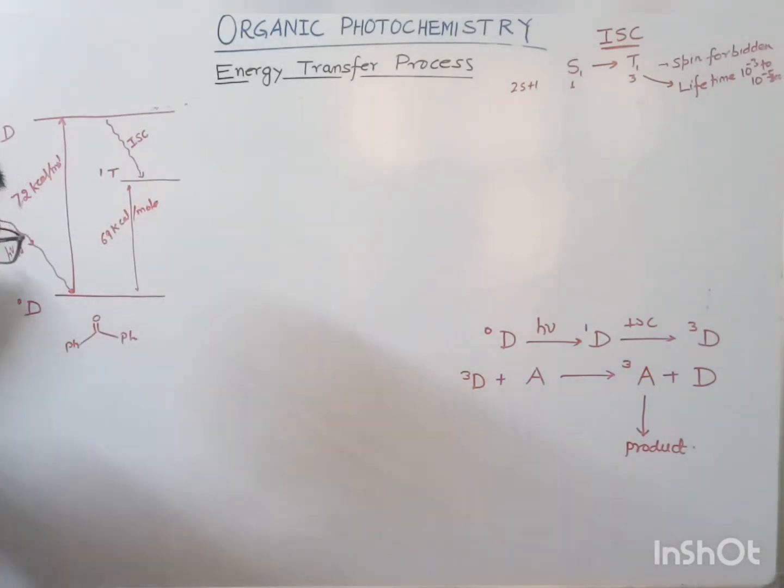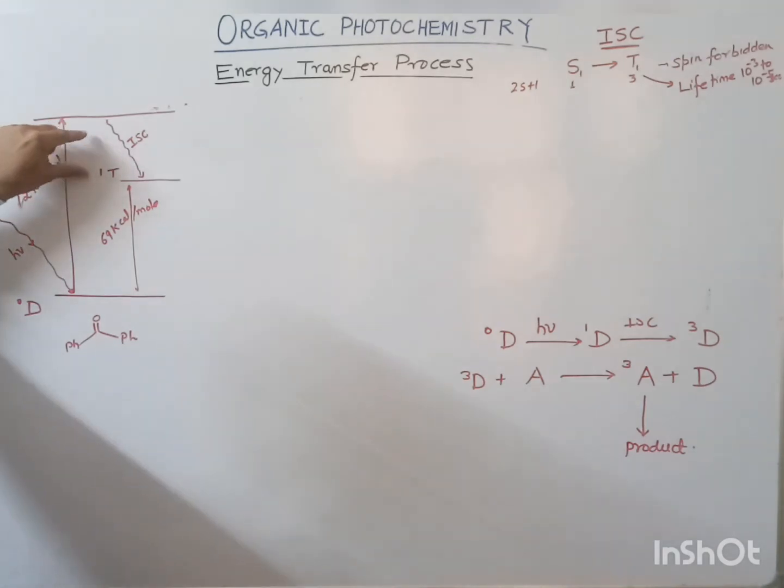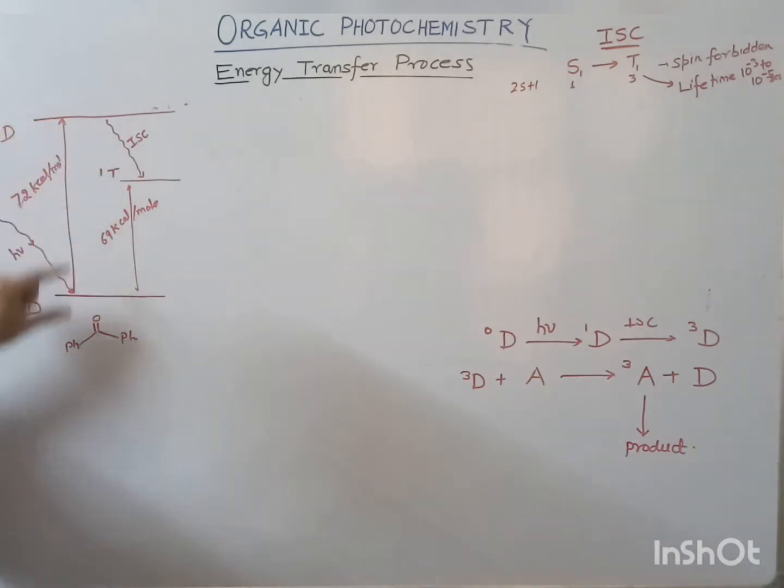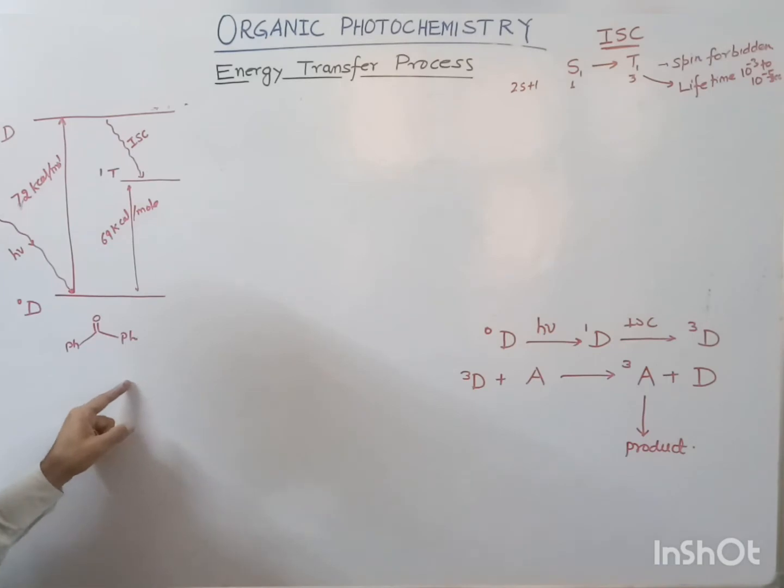So what you have seen is that due to the small energy gap between the excited singlet and the triplet, the intersystem crossing in benzophenone is very efficient.